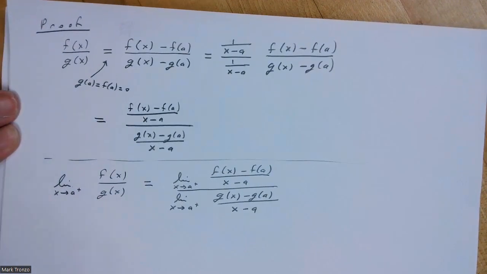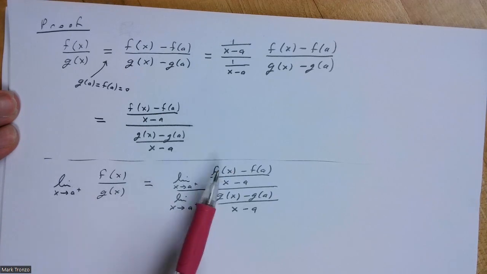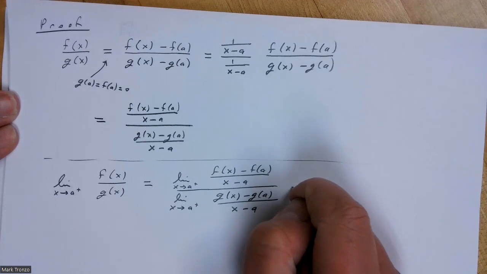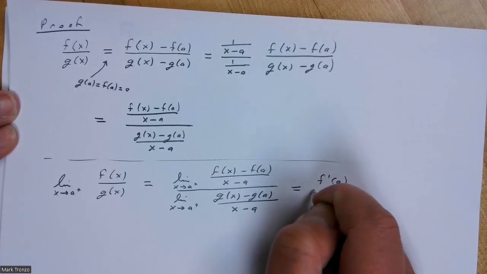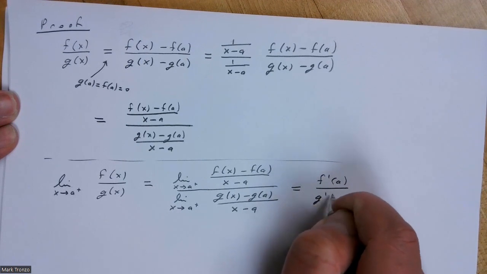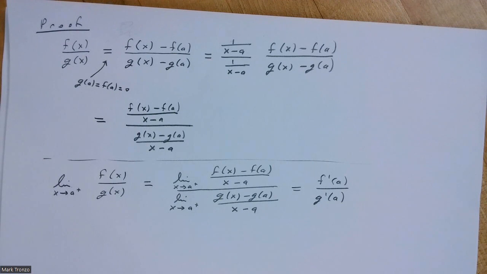And of course, what is this? This is the definition of the derivative at a. This is f prime of a divided by g prime of a, like that.